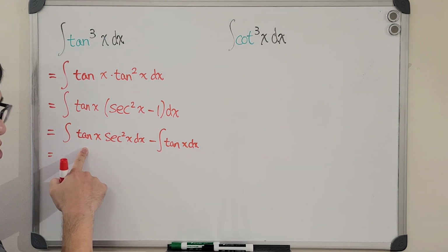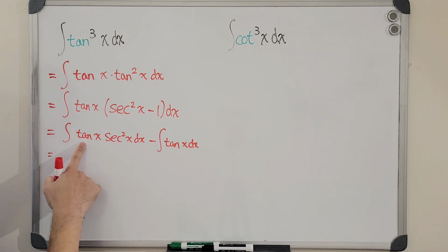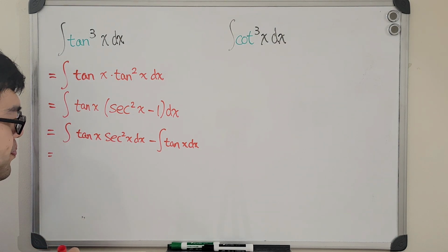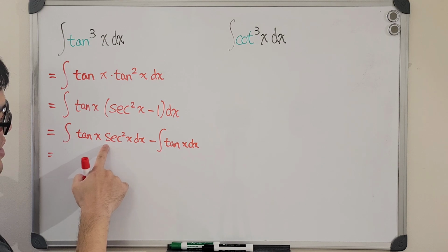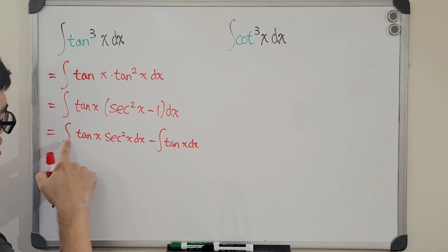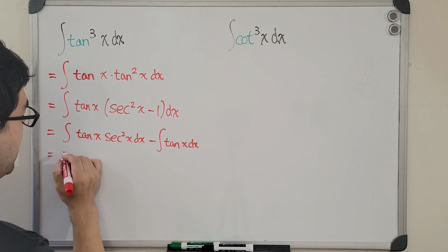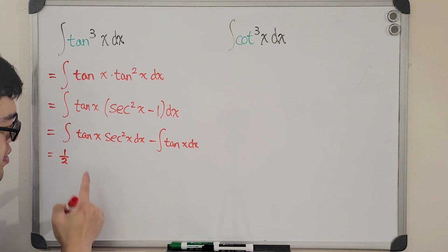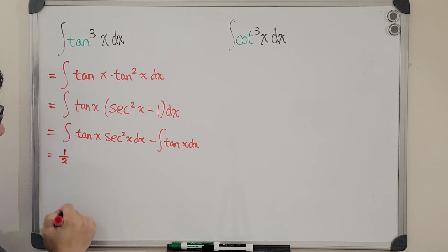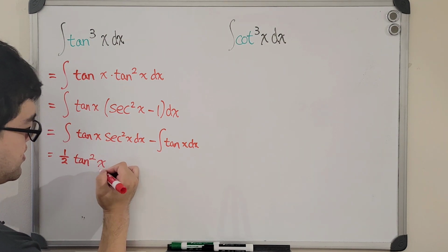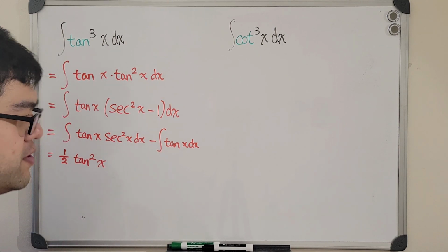So if we do a u-sub, we should actually try to use tangent of x here, such that when we take the derivative of u, or du, we will actually get the second part, secant square of x dx. So in that case, we will just have integral of u du. And if we take the integral of that, we'll have 1/2 of u squared. But what is u again? U is tangent. So we actually get 1/2 tangent square of x. That's it for the first integral.